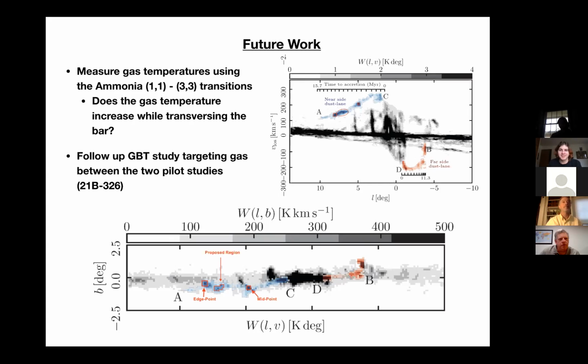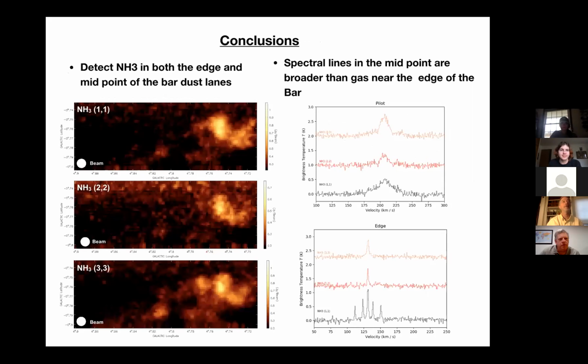Thanks. If you go back to your concluding slide with those very nice maps, I think they look great. You can sort of read the temperature. When the 1,1 line is at a peak, you're at 20 Kelvin or less. You can't really measure below 20 Kelvin with the new ammonia because there's not another line to cross over. Then when the 2,2 is brightest, you're at about 50 Kelvin. And when the 3,3 is brightest, you're somewhere between 50 and 100.